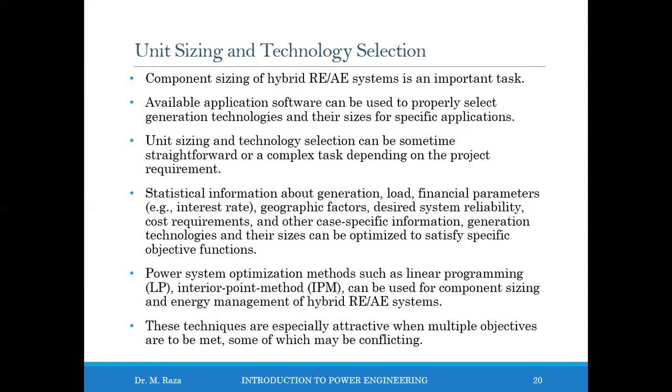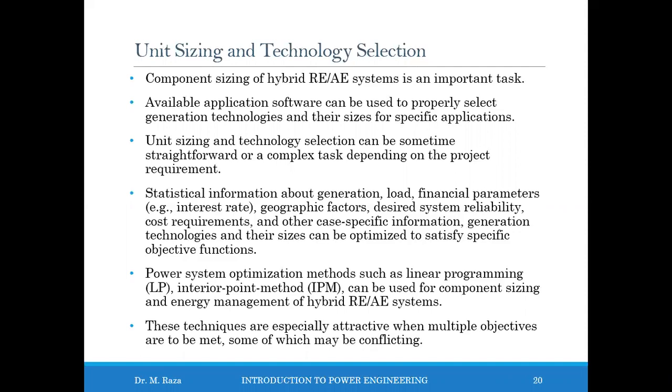Unit sizing and technology selection can sometimes be as straightforward as meeting certain simple requirements, such as using the available generation technology and not exceeding the equipment power rating. Or it can be as complex as satisfying several constraints and achieving several objectives to maximum extent at the same time.